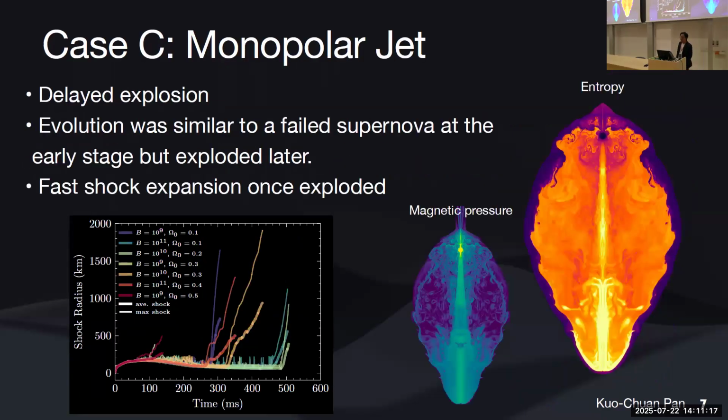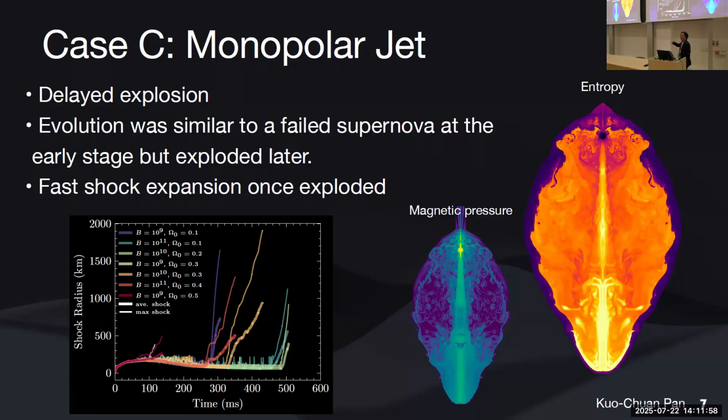Okay, and then the third morphology is the monopolar jets. You can see here the neutron star is about this yellow spot region on the top, so it's a very asymmetric explosion. From the shock radius evolution, you can see that most of these monopolar jet explosions happen at late times, except a few exceptions that start very early but crashed earlier. But at early times, it looks very similar to the failed supernova cases, where you have strong SASI at the beginning.